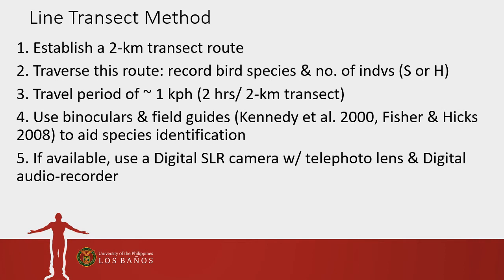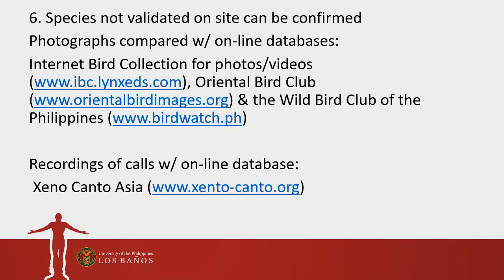Your travel period may be approximately 2 hours per 2-kilometer transect. Use binoculars and field guides to aid in species identification. If available, use a digital SLR camera with telephoto lens and digital audio recorder. Species not validated on site can be confirmed through these websites.